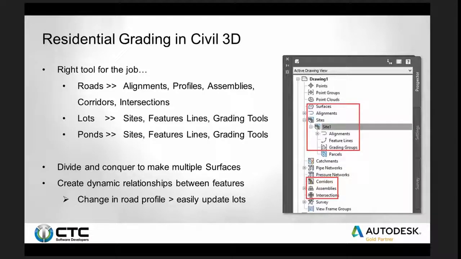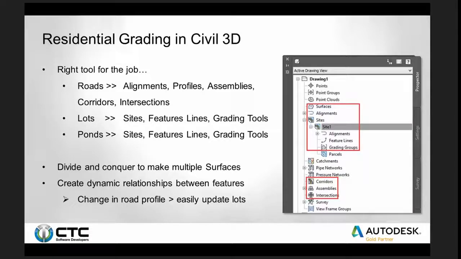So we're going to use all those different tool sets to divide and conquer our entire development, and then we're going to work to create dynamic relationships between those features. So how do we link grading done by a corridor? How do we tie that into grading done by feature lines and grading tools?